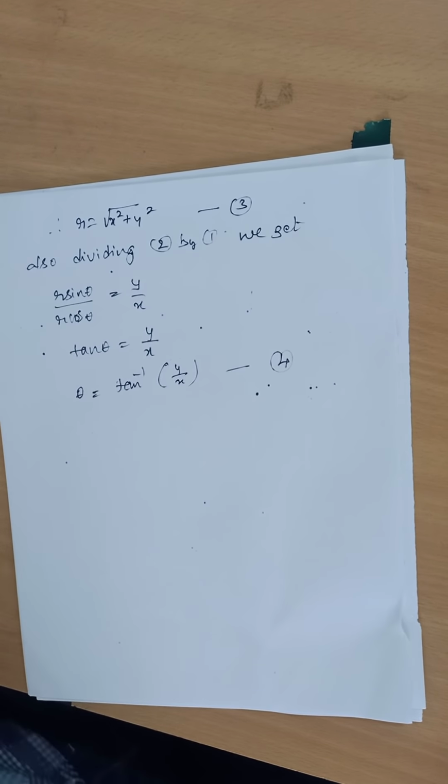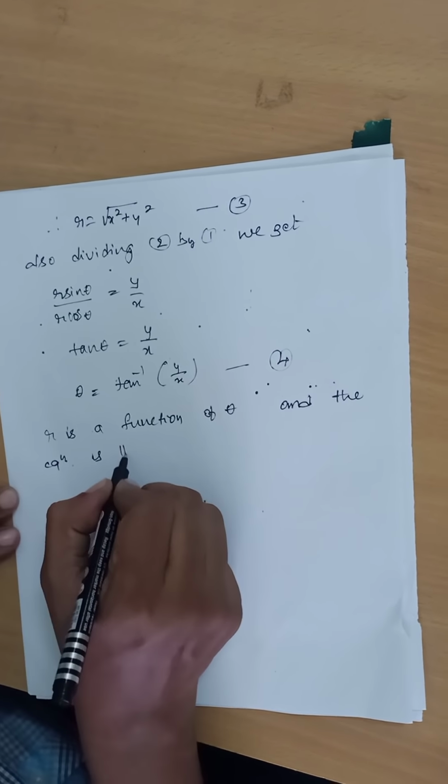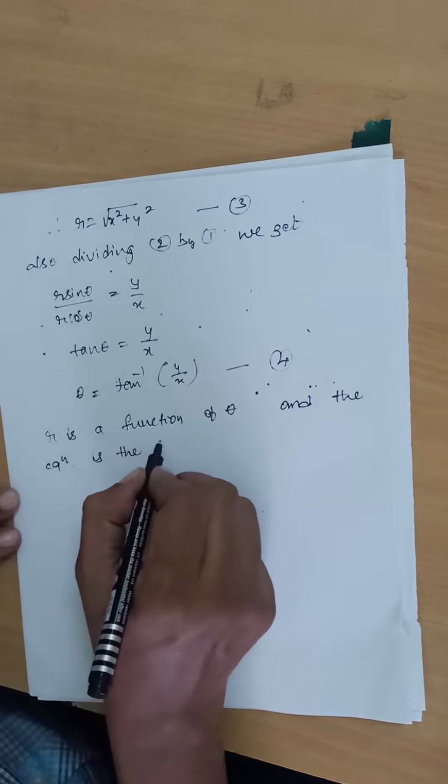After discussing the relationship between polar and Cartesian coordinates, r is a function of theta and the equation is of the form r is equal to f of theta.